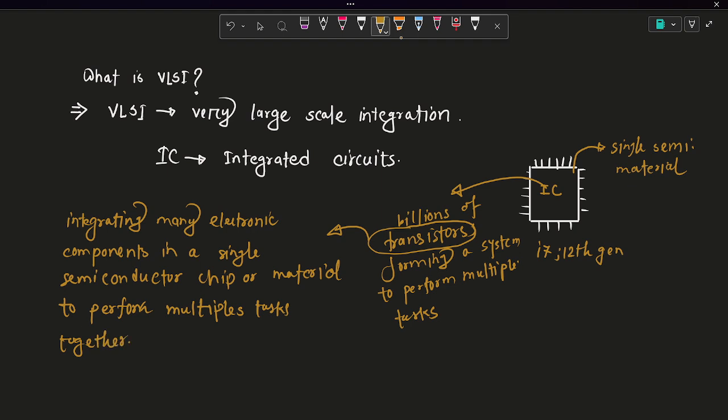And by combining these electronic components, we make an IC. So this integration, and the result of this integration, forms an IC, which is an integrated circuit.